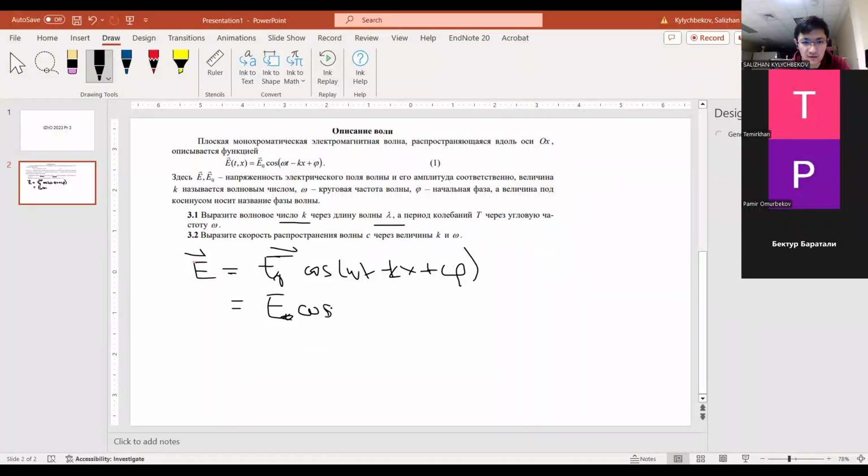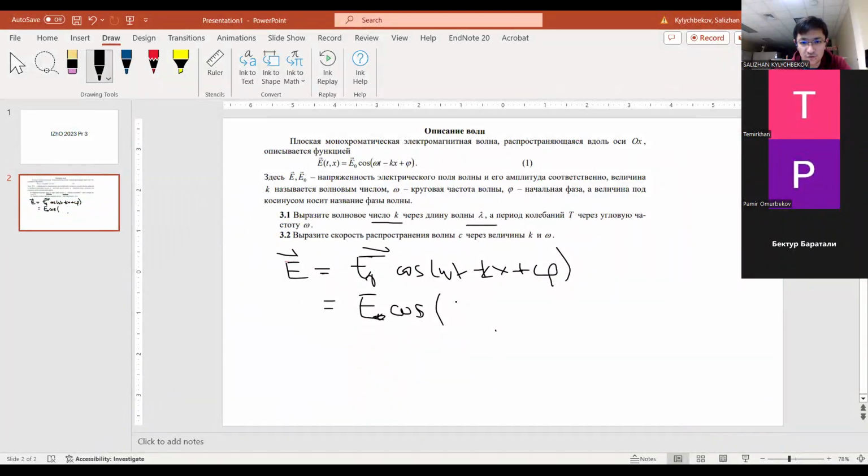The same thing can be written as cosine(2 pi t over period minus 2 pi x over lambda plus phi). They are both the same thing, same stuff.